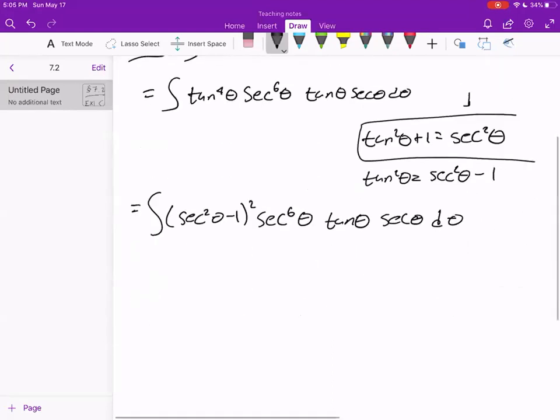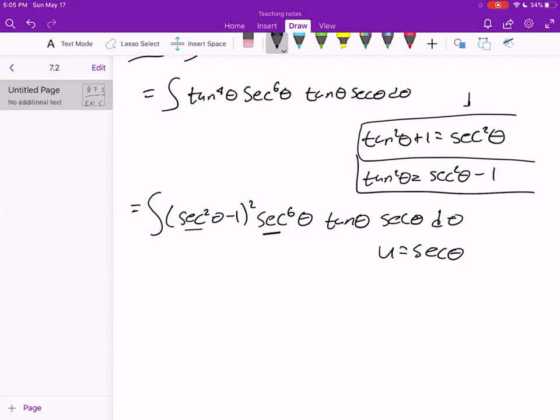Now the idea is, like I've said before, we're going to let u equal secant theta, because I have a secant theta here, a secant theta here, and du will then be secant theta tan theta d theta, which appears there. And that's why I've done that.